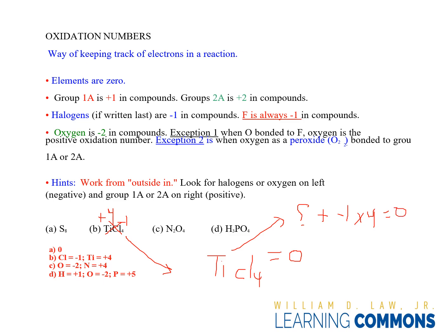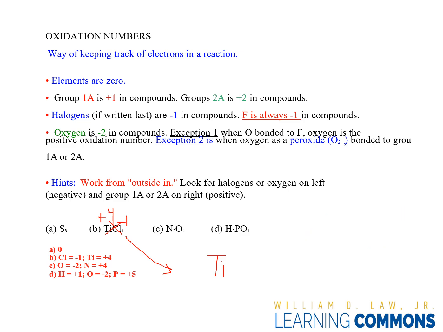The only number to make the result 0 with minus 4 is positive 4. Positive 4 plus minus 4 gives me equal 0 charge. And this is the other path to figure out the oxidation number for the element.